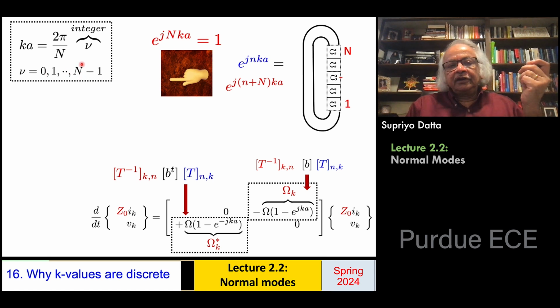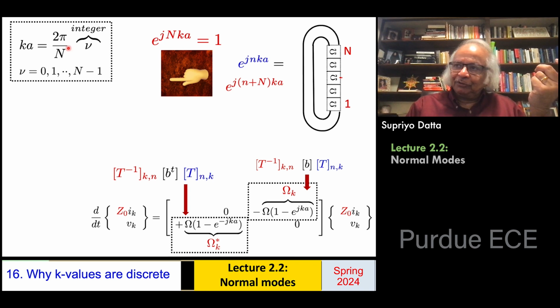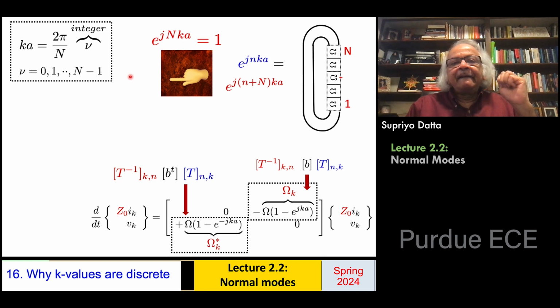Because if you put this integer equal to capital N, that's equivalent to putting it equal to 0. Everything's modulo 2 pi. So this is the condition, coming from this periodic boundary condition, that limits your allowed values of K to capital N.